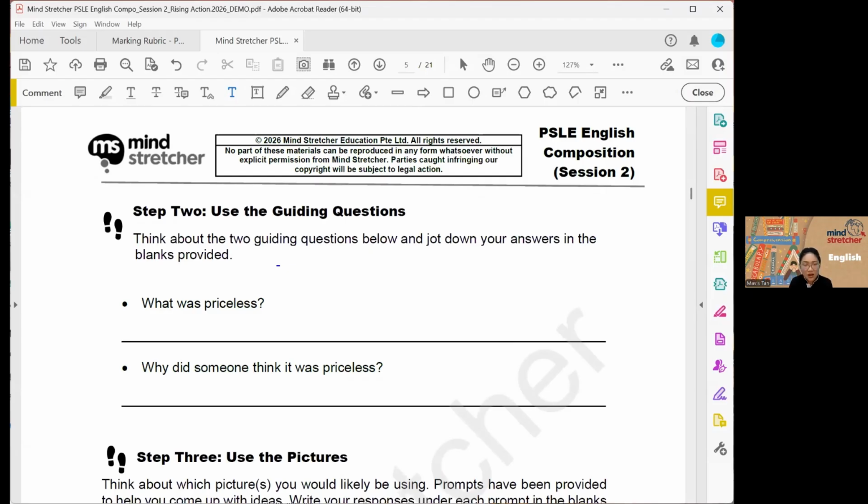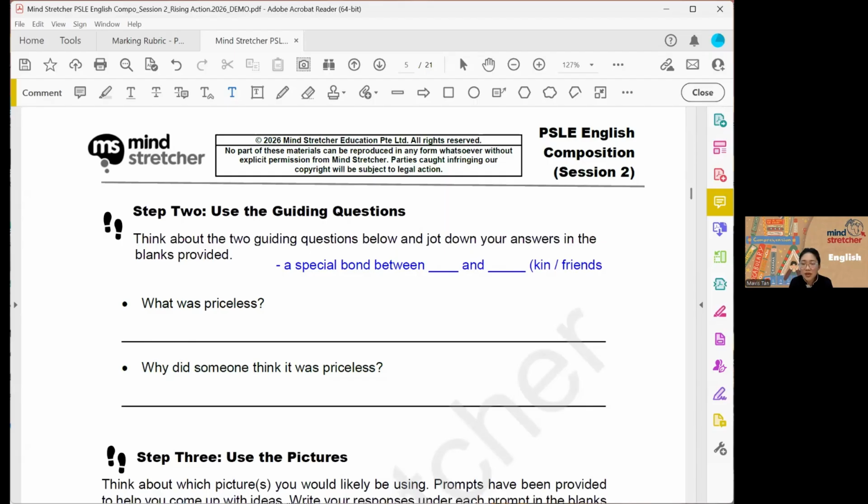Something priceless could be a special bond. Now, this bond, some of you say friends, family, yes, a special bond between one person and another person. So they could be kin, or they could be friends.